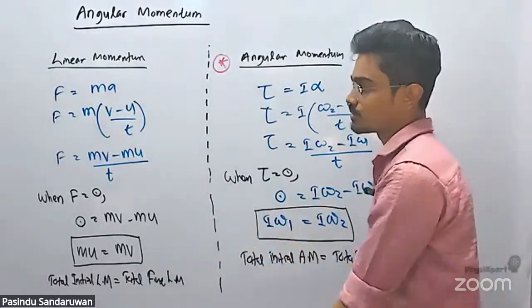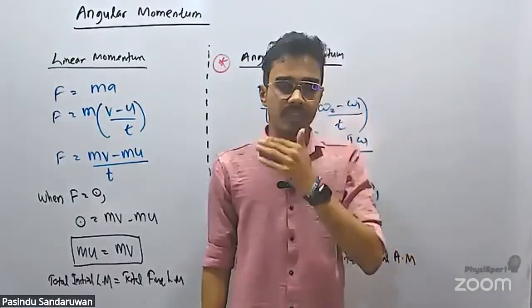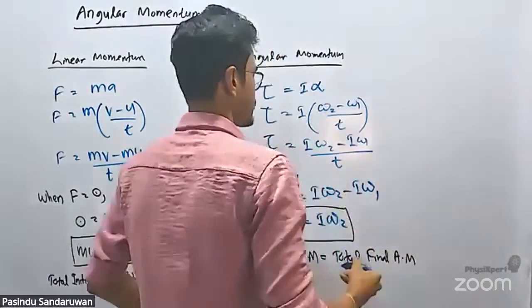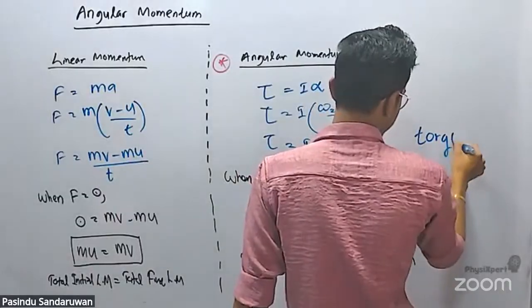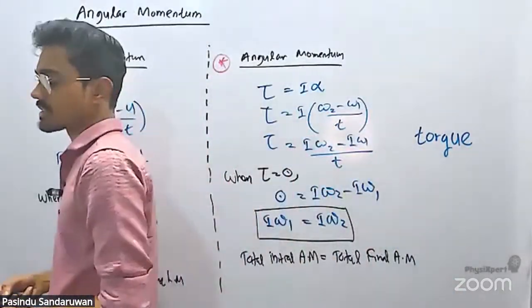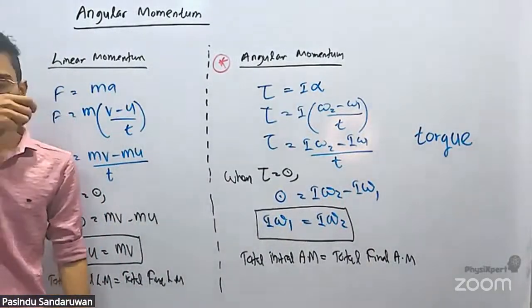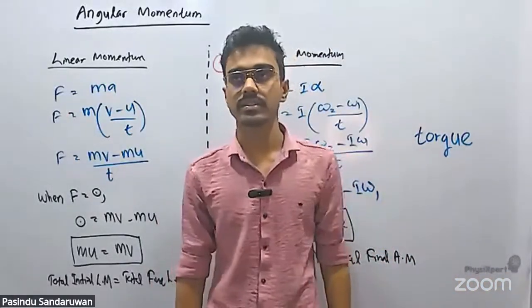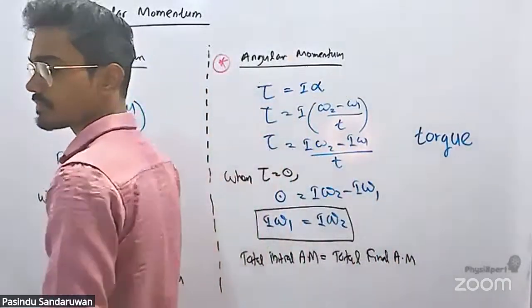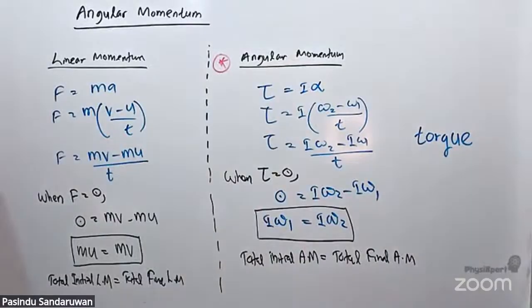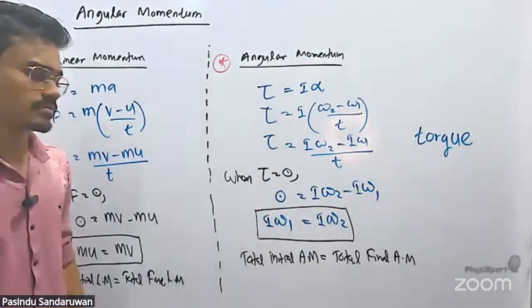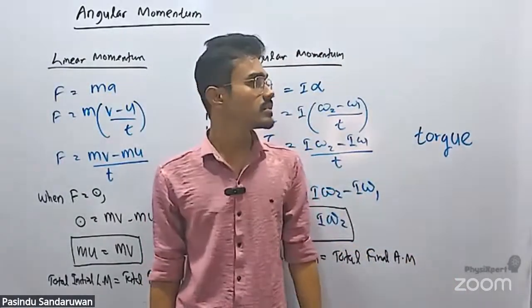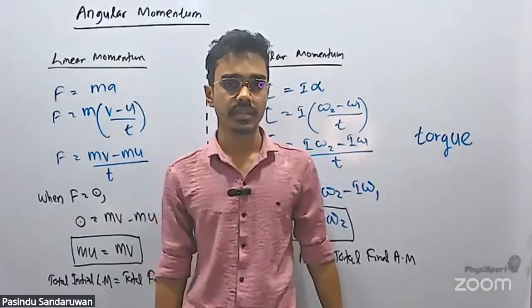If there is no external unbalanced torque acting on an object, total angular momentum is conserved.